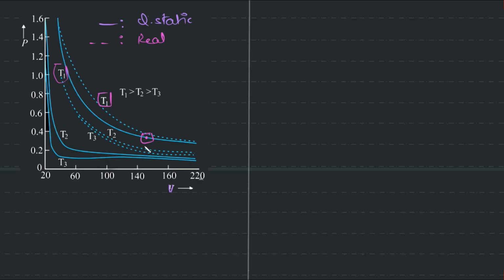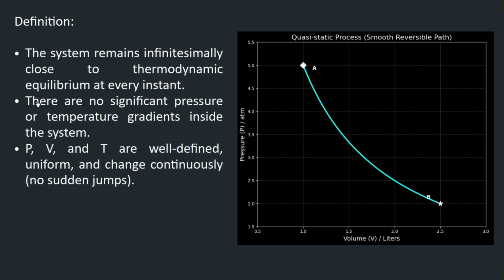They're very close by. Of course, if I take this point and this point, the values are not close by, that I agree. But if I take the nearby points, the difference is not that big. That's the point. So it looks like it is almost in equilibrium if I just take the nearby points.